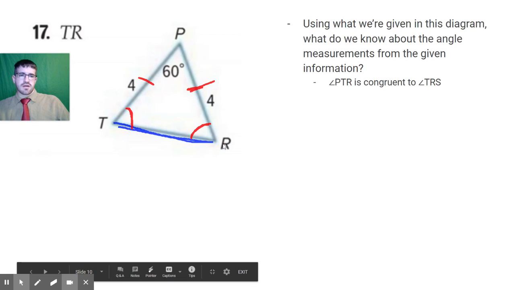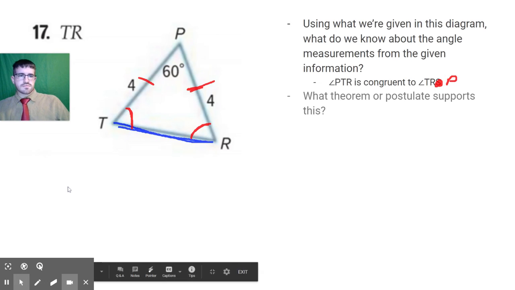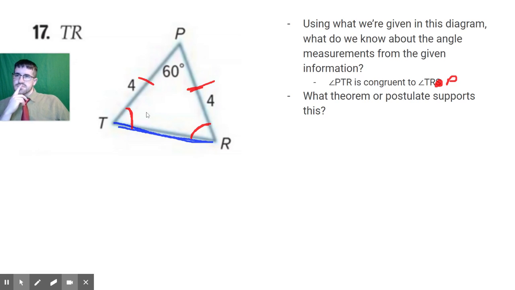Angle PTR is congruent to angle TRP. And what theorem or postulate supports this? Remember, we were given the sides. So then this is the isosceles triangle theorem.